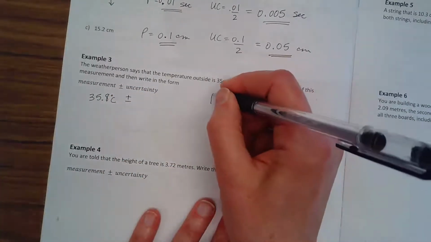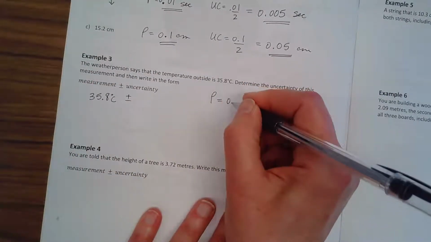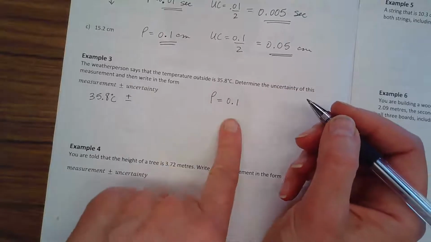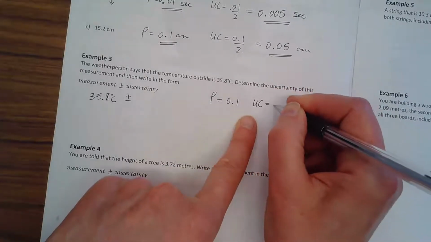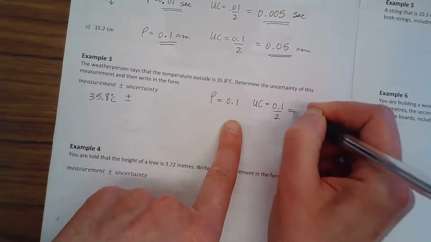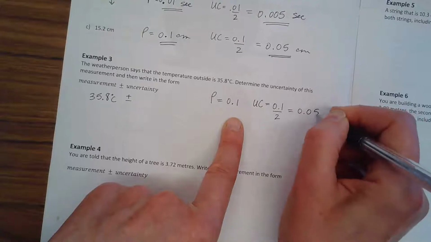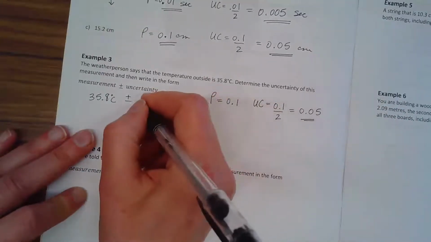Always have to start with precision. So precision is just like the last example we did. There's 1 decimal digit, so the 1 will go in the decimal digit place. Precision is 0.1. Uncertainty is therefore, cut this in half, 0.05. Okay, so that's what they want here.